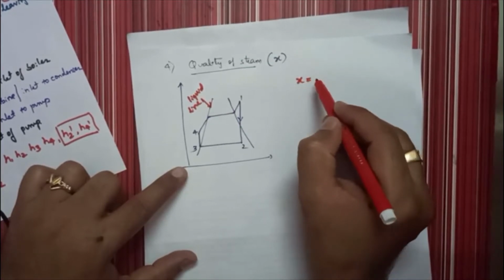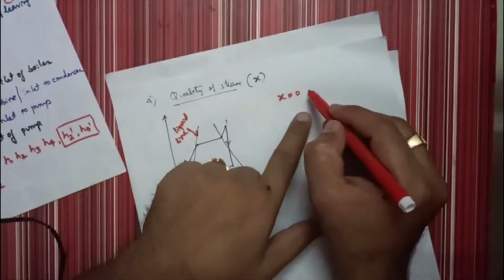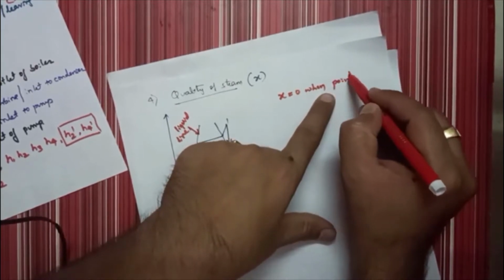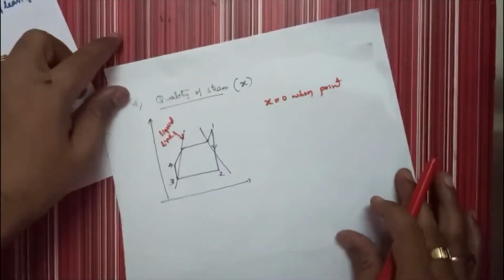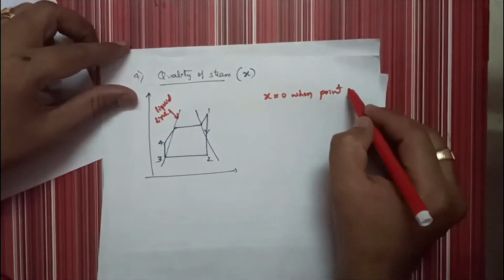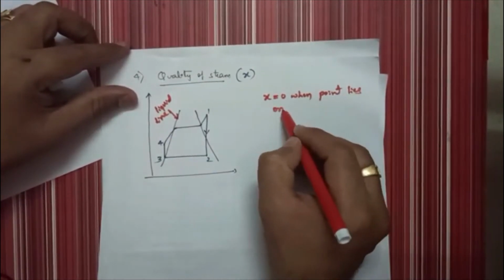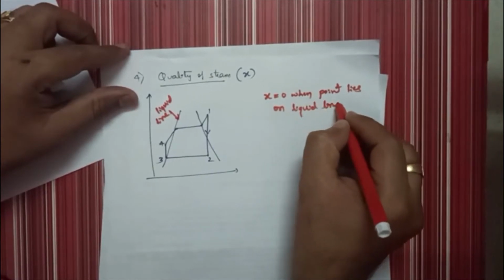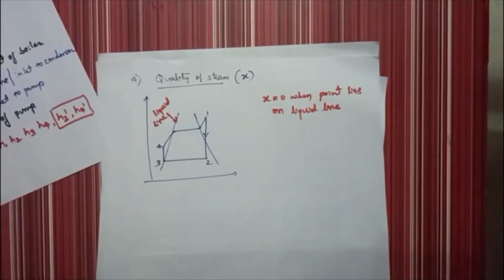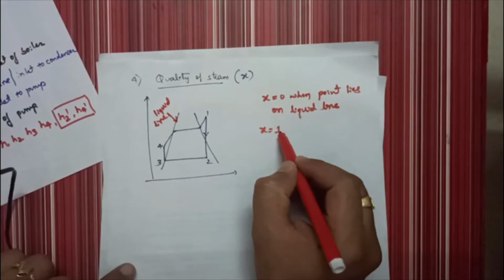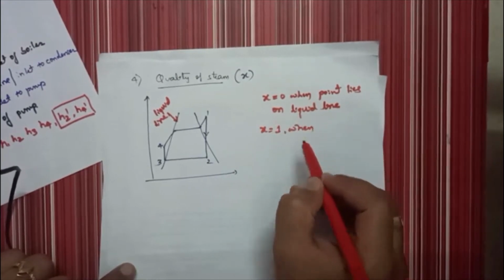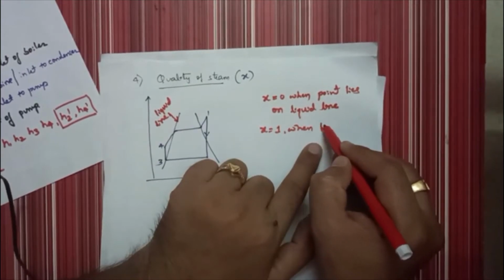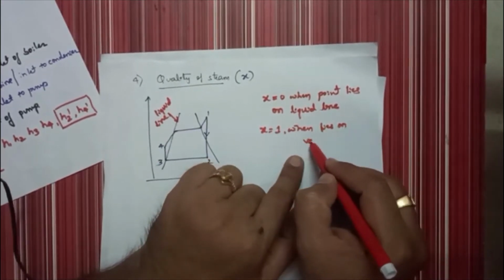X is equal to 0 when the point lies on the saturated liquid line. If X is equal to 1, when is it possible? If any point lies on the vapor line.